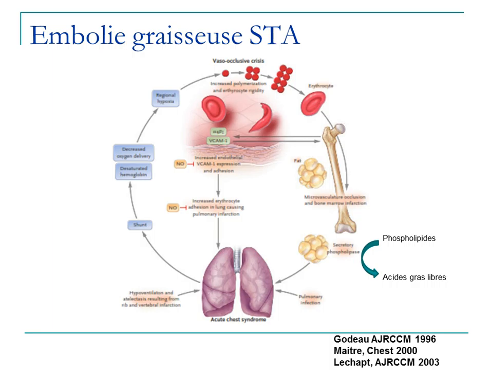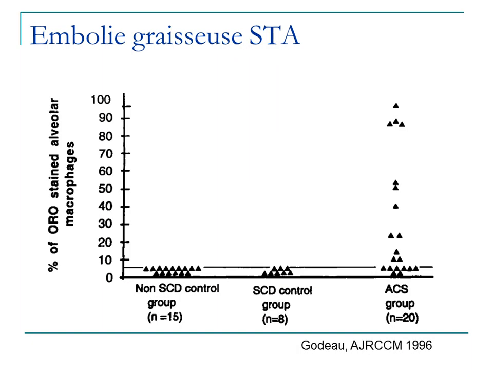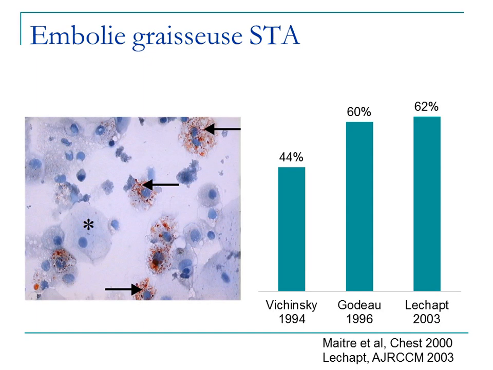We're going to have digestive and neurological impairment as well. Godot in 1996 showed that patients with an acute ACS have much more lipid-laden macrophages as opposed to the sickle cell or non-sickle cell disease controls.